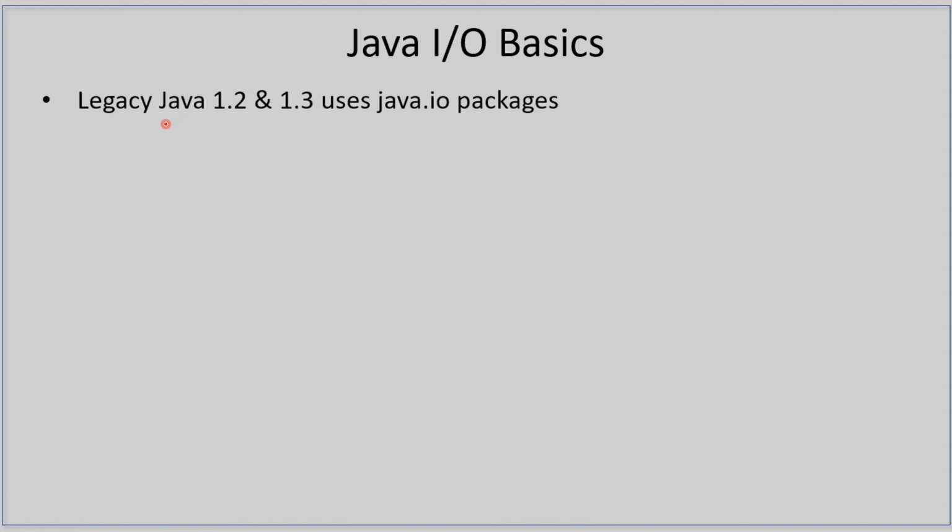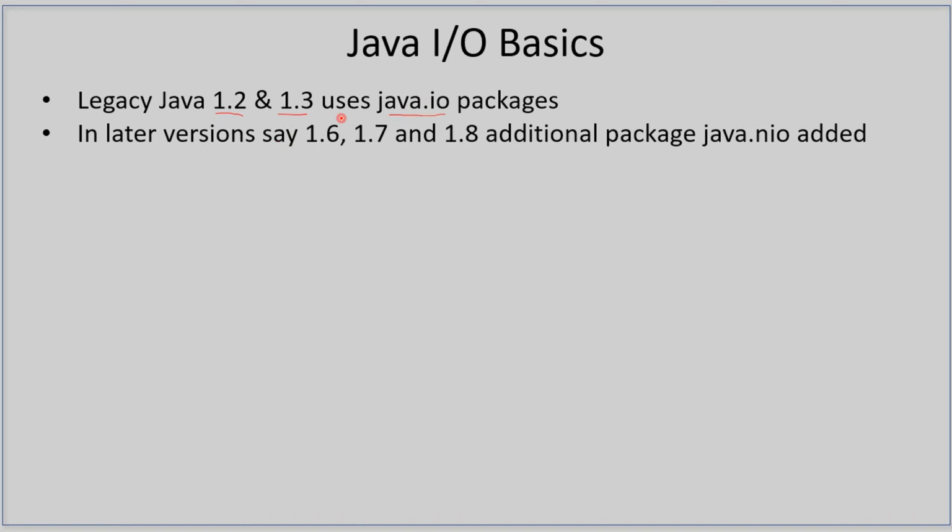So legacy Java SDK, say 1.2, for example 1.3, uses the java.io package and the API functions and classes inside this package. This package is available with the later versions also, say 1.6, 1.7, 1.8 and even after that.